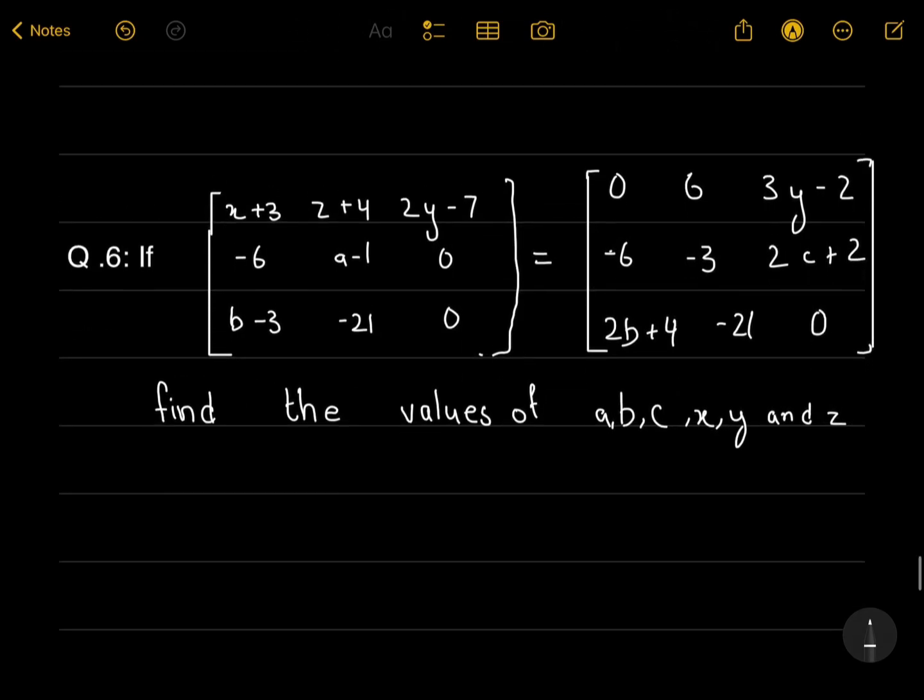Moving on to the next question, question number 6. It's a bit complex but easy. These are matrices with some equations. So if we call this matrix A and this is B, if matrix A and matrix B are equal, then find the values of A, B, C, and X, Y, and Z. So let's move on with the first equation.